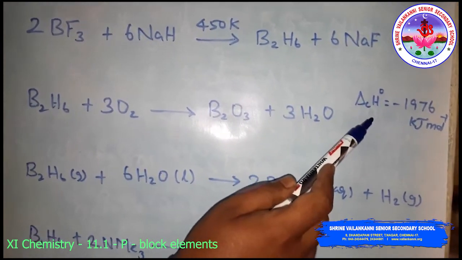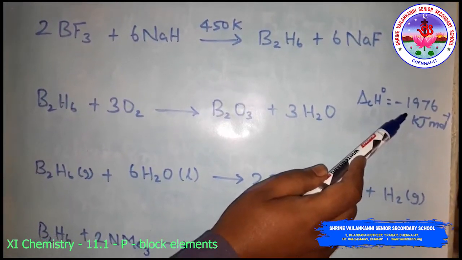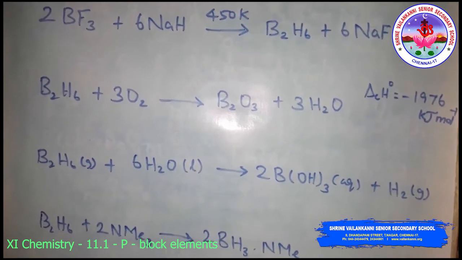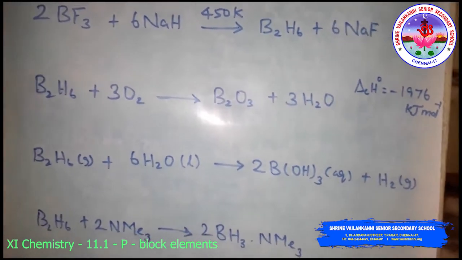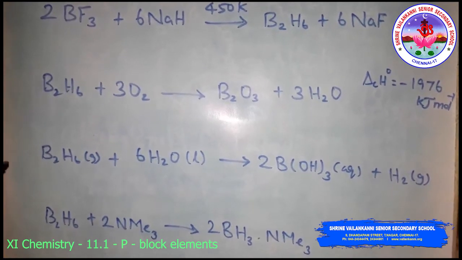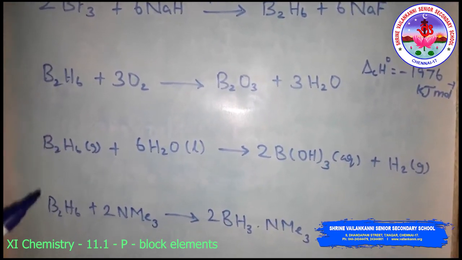So here the enthalpy of the combustion reaction is minus 1976 kilojoule per mole. So this is a toxic gas, and most of the higher boranes are also spontaneously flammable in air.